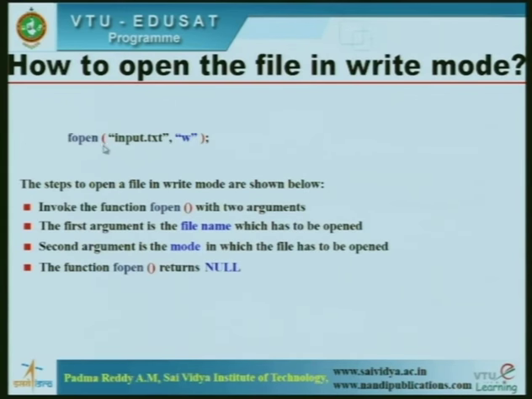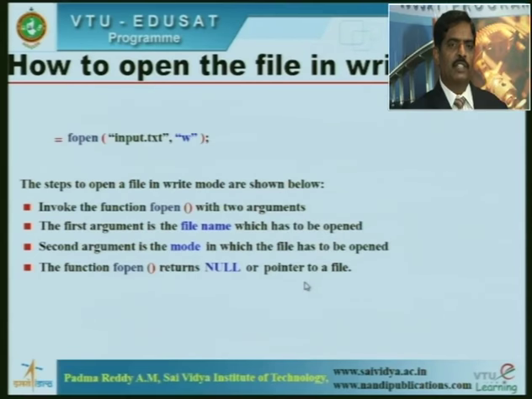The function fopen returns null, for example, if you are opening the file in write mode but the file is read only, so it is not possible to open it in write mode. In that case, fopen returns null. Otherwise, if the file is there, a new file is created and it points to the beginning of the file.